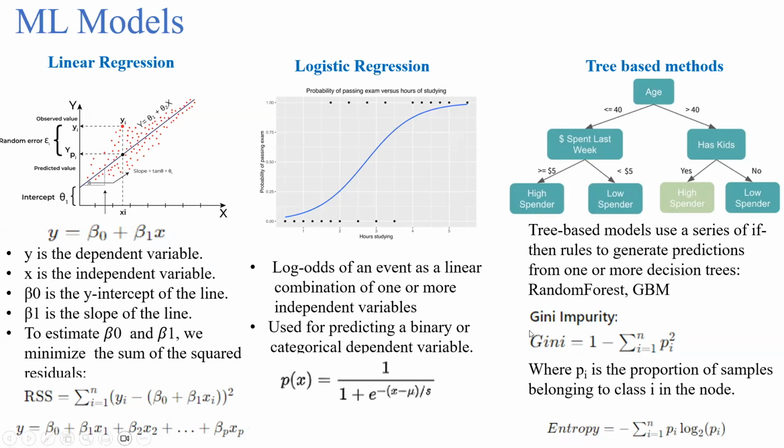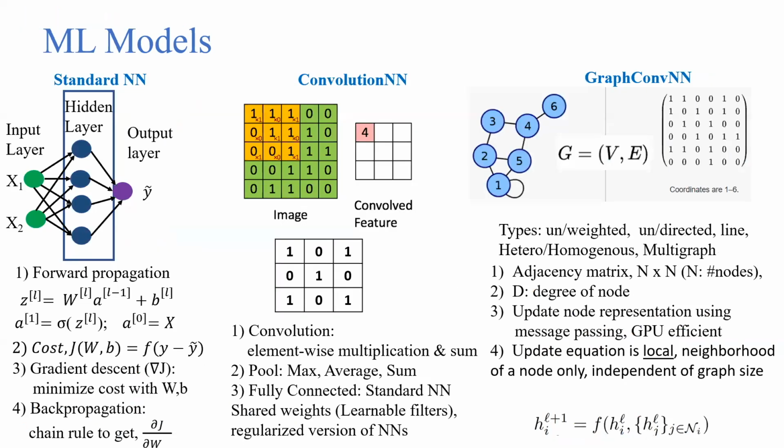There we use the idea of Gini impurity, where p_i is the proportion of samples belonging to class i in the node, and from there you calculate the entropy, and there are several tools underlying the tree-based algorithm to make a reasonable model.